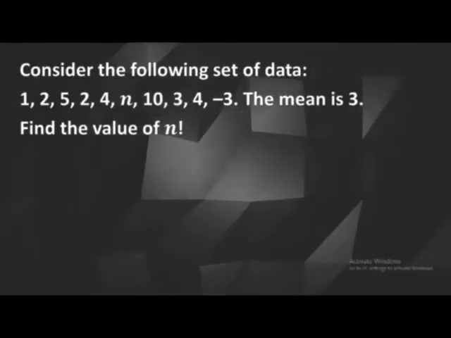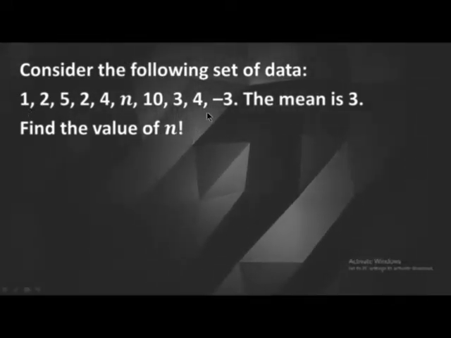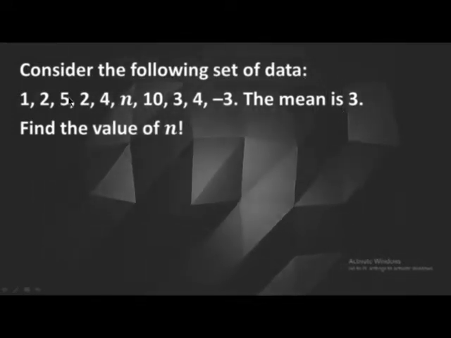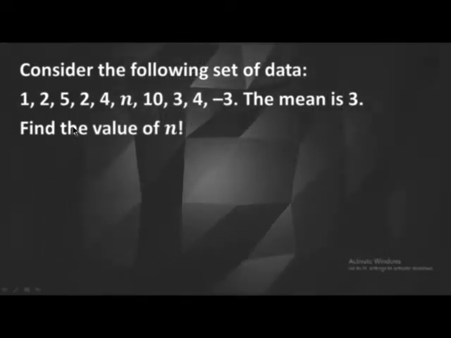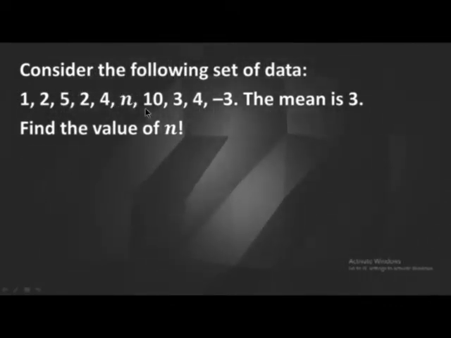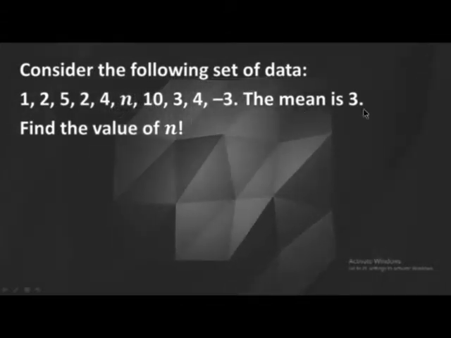Next example. Consider the following set of data. The mean of this set of data is 3. Find the value of n. We don't know the value of n. From the question we know that the mean equals 3.